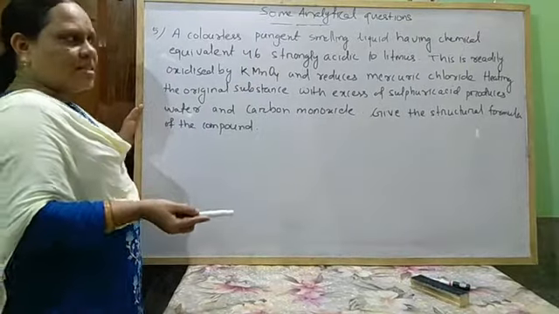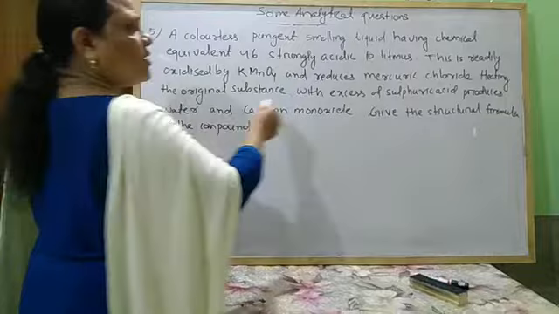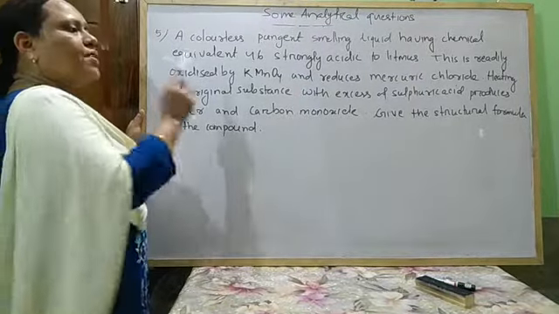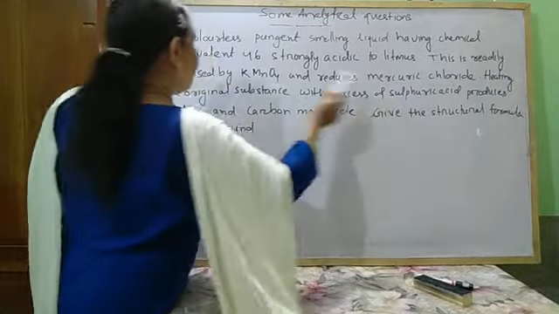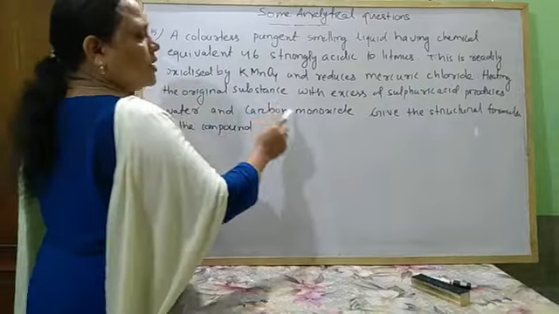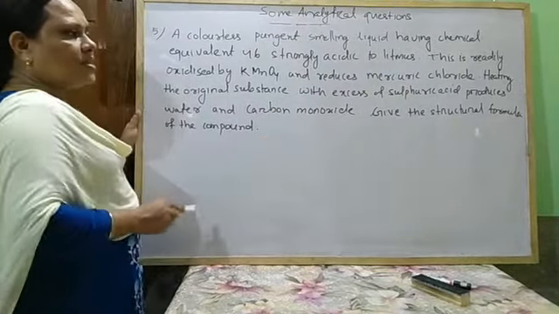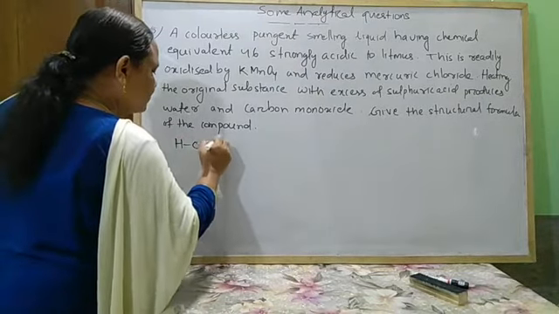Other monocarboxylic acids when heated with sulfuric acid form acid anhydride. But formic acid is the one monocarboxylic acid which, when heated with sulfuric acid, forms water and carbon monoxide. So from all these points, we know that the acid is formic acid.